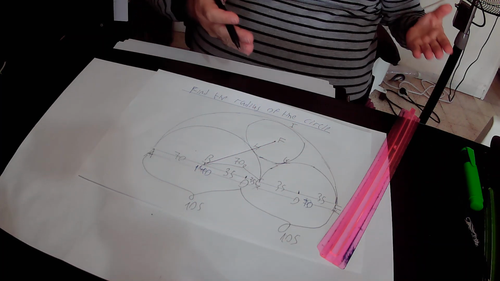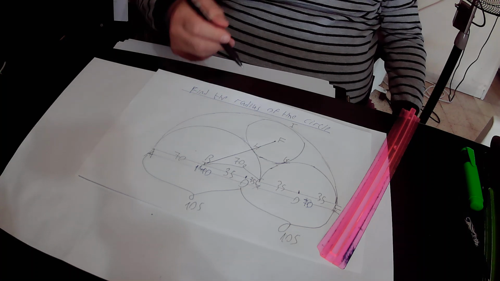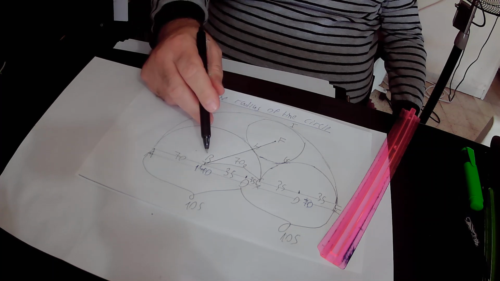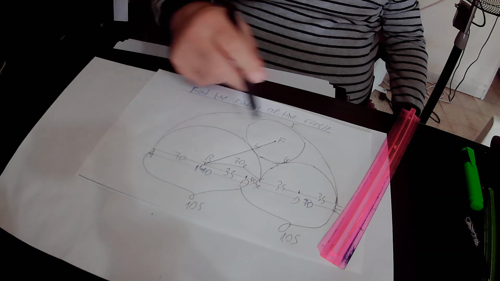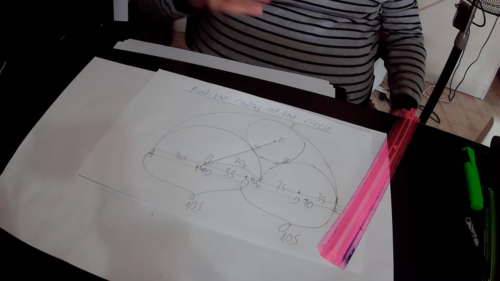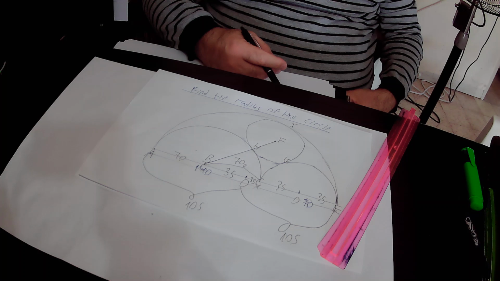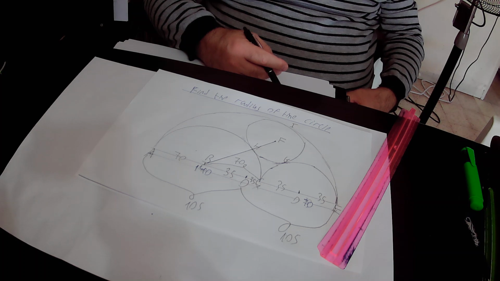And the distance between their centers is BF. B is the center of this semicircle, F is the center of this circle, and the distance between the centers is BF. And whenever you have an external touch between two circles, according to rule number 11, the distance between the centers will be equal to the addition of the two radii with each other.